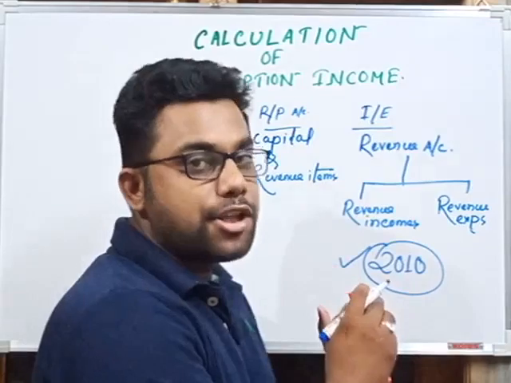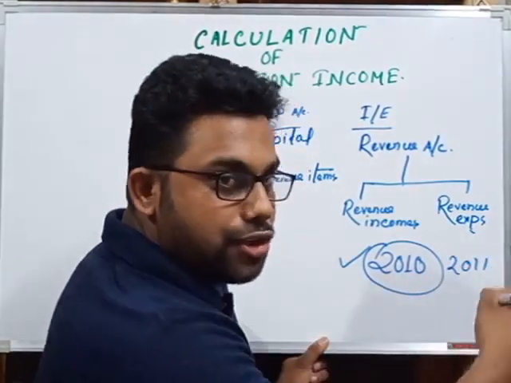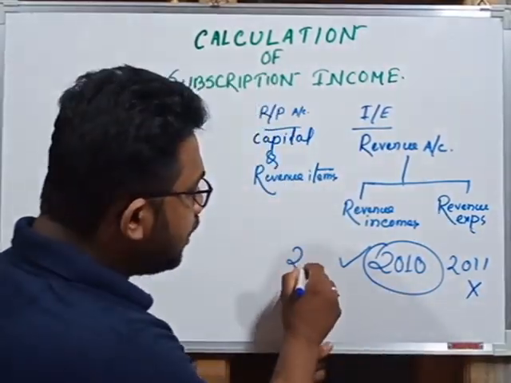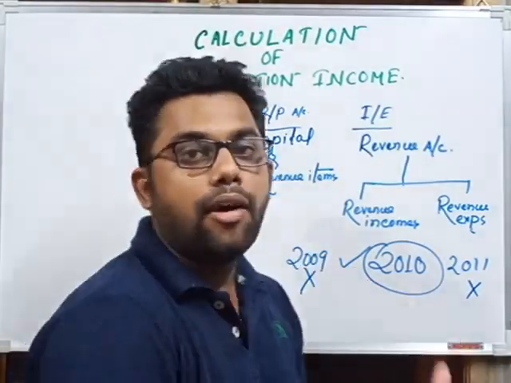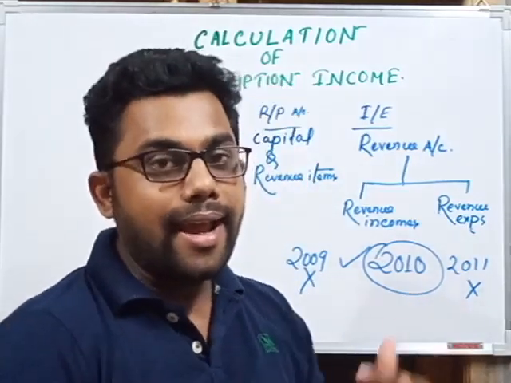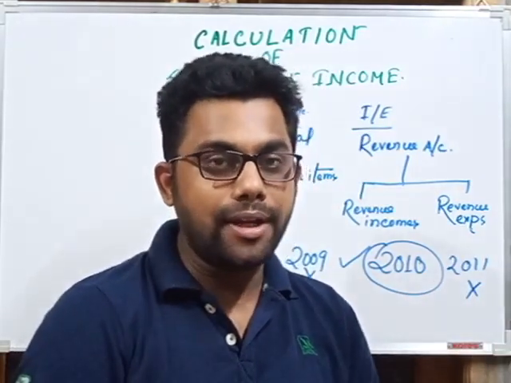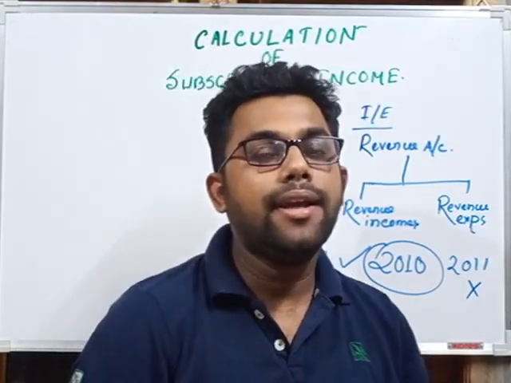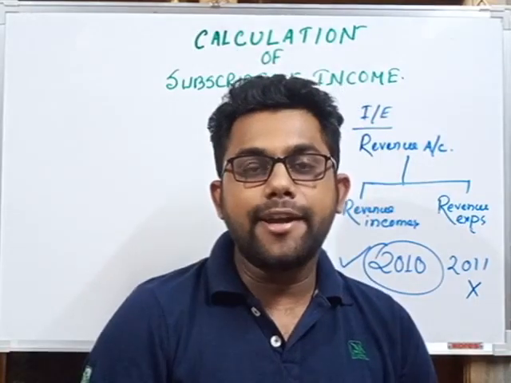For 2011, that means a future year, we will not record it in our income and expenditure account. For 2009 also we do not record it, because income and expenditure account records only the revenue payments and revenue incomes earned by the not-for-profit organization during an accounting year. So this is the main difference between receipts and payment account and income and expenditure account.